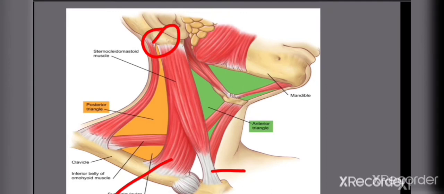This muscle is supplied by the accessory nerve, the spinal accessory nerve, that is the 11th cranial nerve. When it acts bilaterally, it causes protrusion of the neck, and when it acts unilaterally, that is, if only one-sided sternocleidomastoid muscle contracts, it will cause turning of the head, or turning of the chin, towards the opposite side. So this is the action of this muscle.